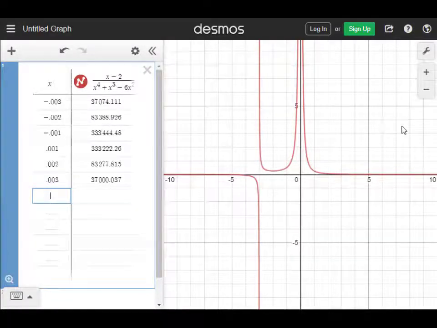We don't really care what happens when it equals 0. We're looking for what happens when it's close to 0. So what I see here is if I look on either side, as you're either starting at the top of the list or the bottom of the list, and then working your way towards the middle, which is where 0 would be, the numbers are just getting bigger and bigger and bigger, which means our answer to that question is DNE, or does not exist.